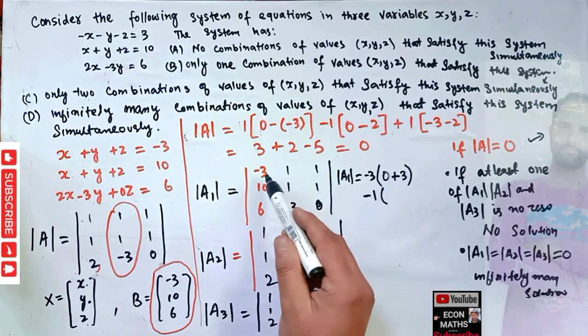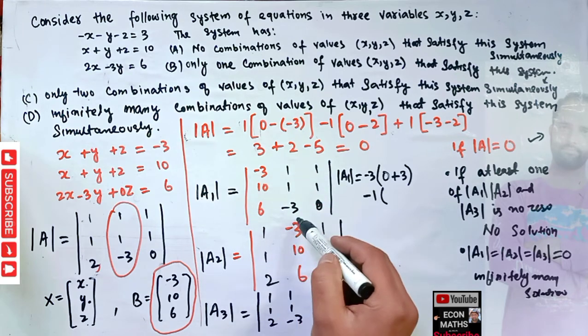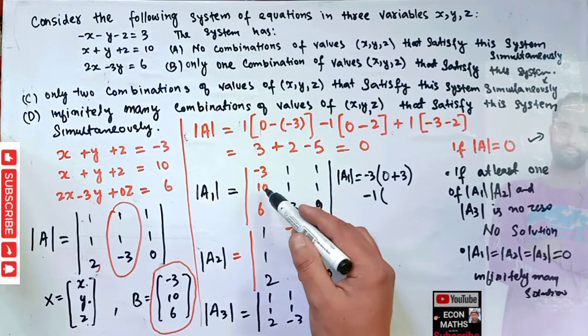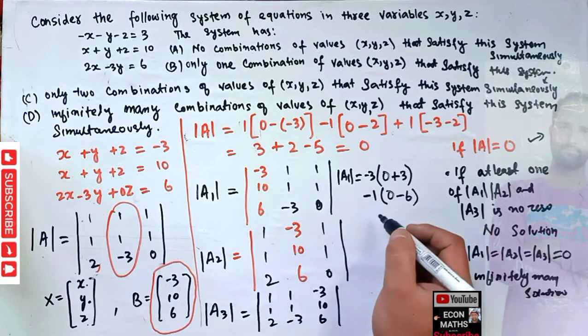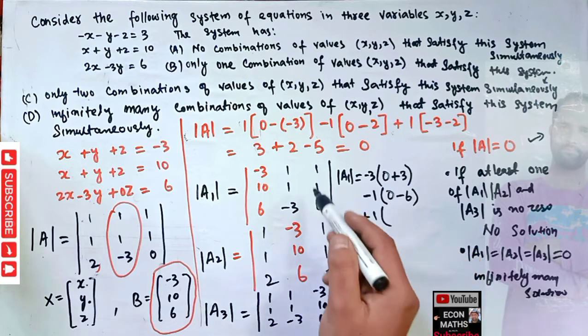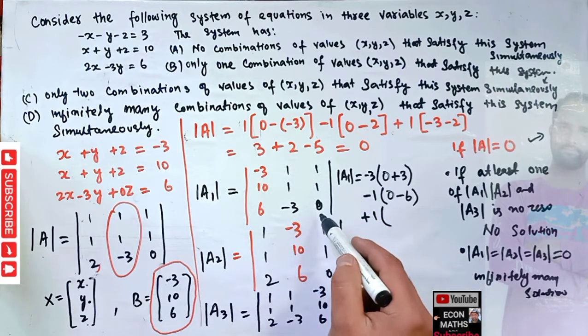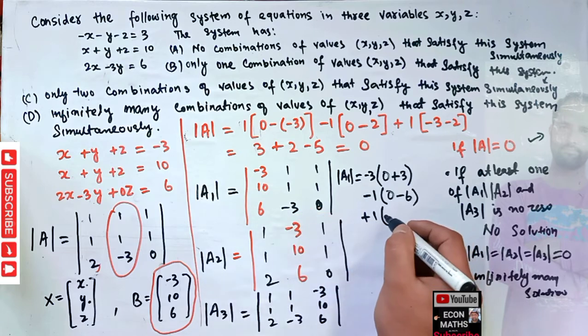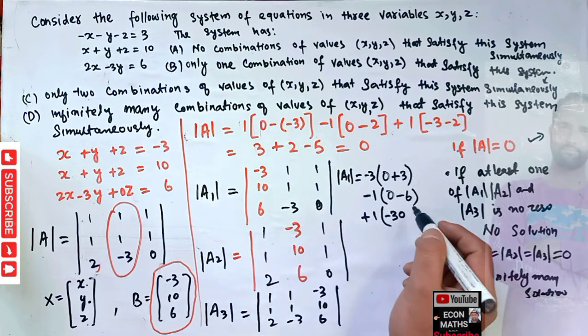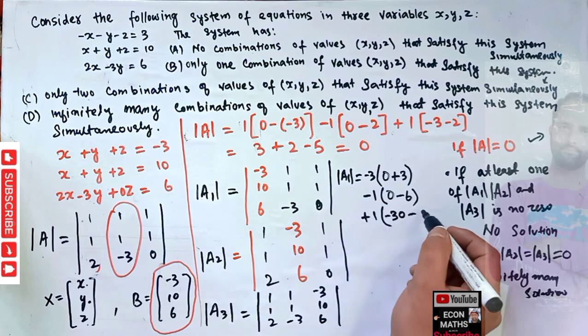Now we need to mentally delete this row and this column and take the determinant of the remaining elements. So 10 times 0 is 0, then we have -6, then we have +1, deleting this row and this column and taking the determinant of the remaining elements. So we have 10 times 3 is 30, so we have -30. Then we have -6 times 0, 6 times 1 is 6.